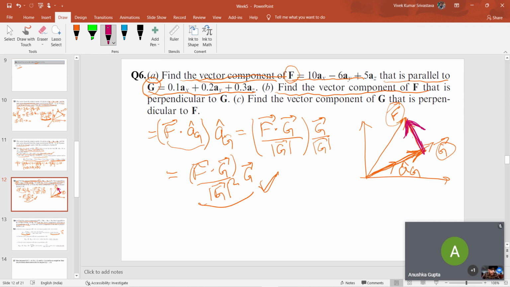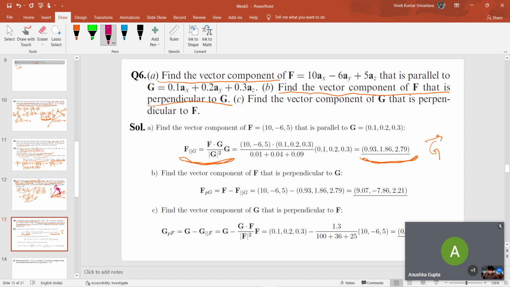For finding out this normal component, you will simply subtract the parallel component from the vector f. So if this is the parallel component of vector f, you have to subtract this component from the vector f, so as to find out the normal or perpendicular component of f which is perpendicular to this vector g.